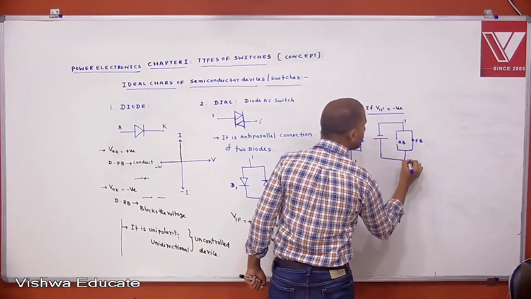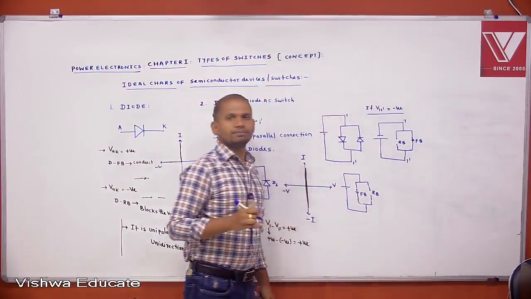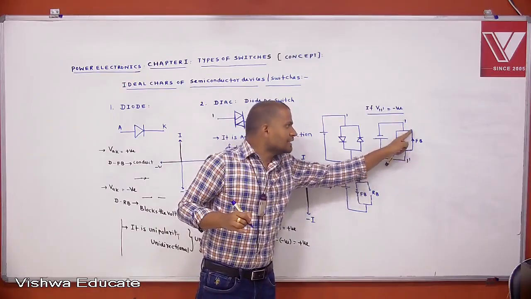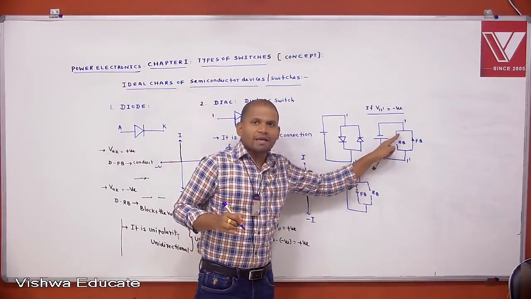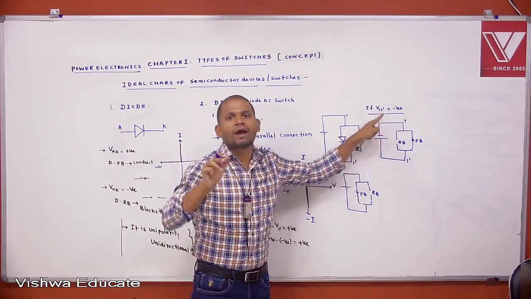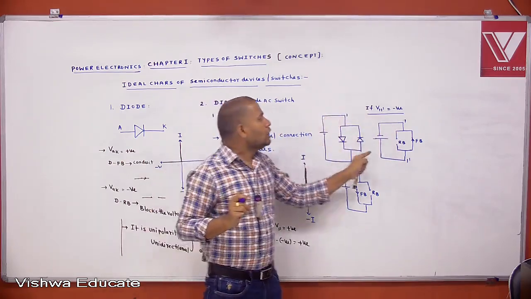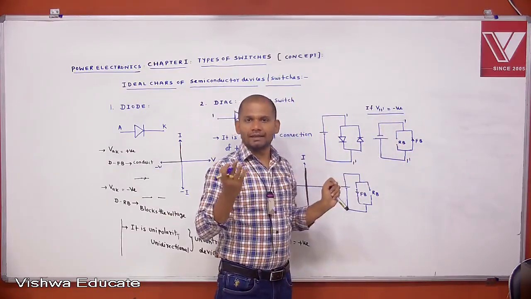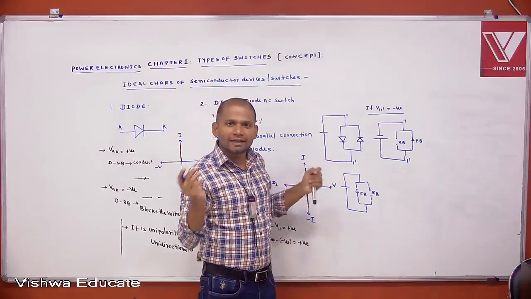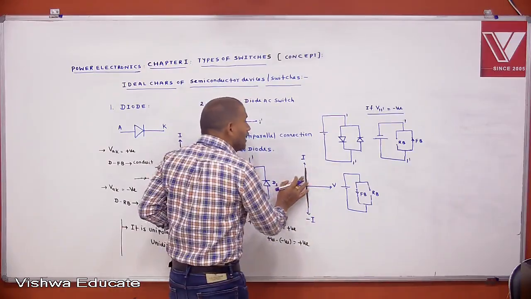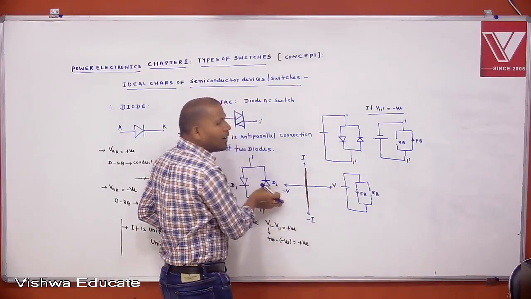Here this diode is conducting, but this diode is under reverse bias. I am not talking about individual diodes, I am talking about the total device concept. So is the total device conducting or blocking? Conducting. If one diode is conducting, the total device is conducting. That's why it cannot block the reverse voltage.